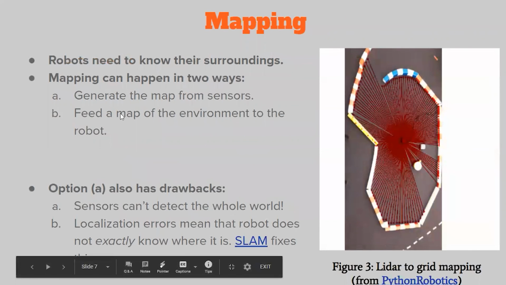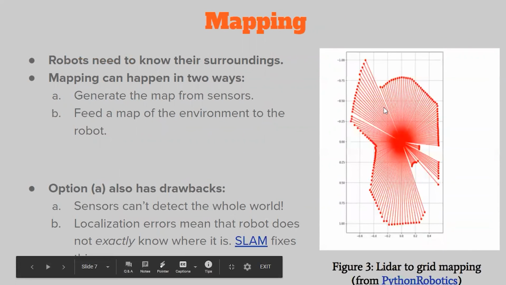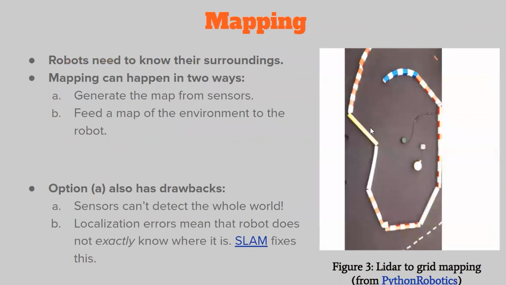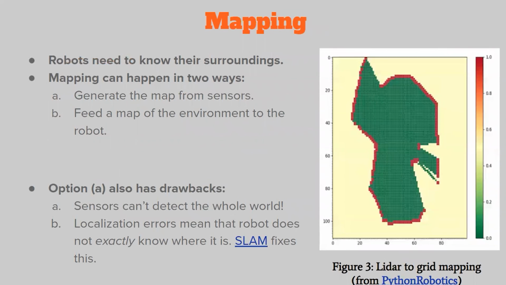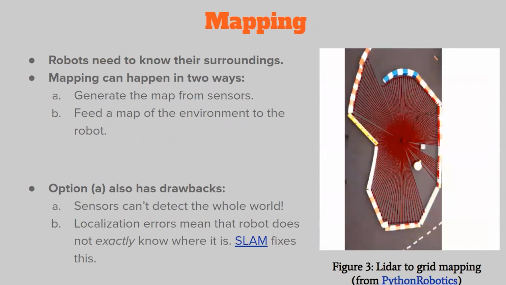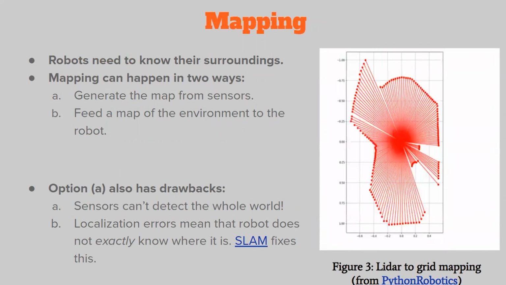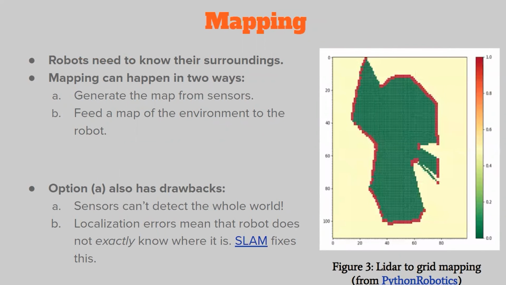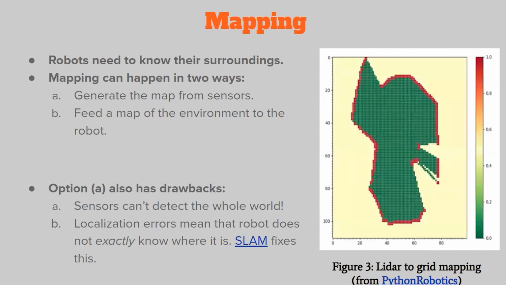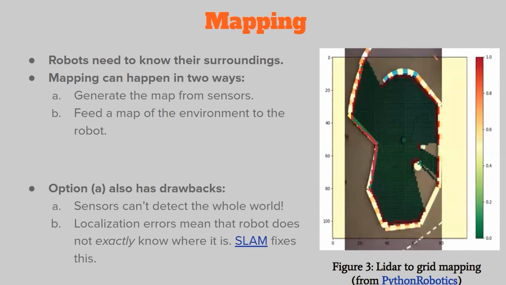Okay, so that is option A. Using the sensors to give you real-time information of the surroundings, and that is usually what is done in actual robotics. So think of localization and mapping as an example where a person enters a dark room that he has no knowledge about.